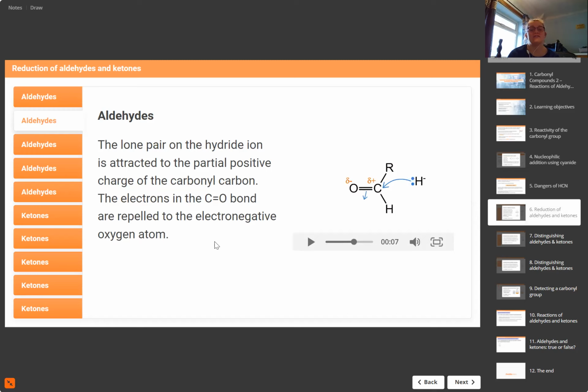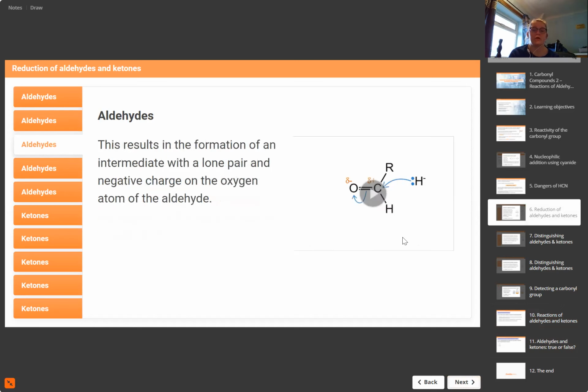With this polar carbonyl group, the lone pair on the hydride ion is attracted to the partially positive carbonyl carbon. The electrons in the carbon-oxygen double bond are repelled to the electronegative oxygen atom, very similar to what we've talked about before. This results in the formation of an intermediate with a lone pair and a negative charge on the oxygen atom of the aldehyde.